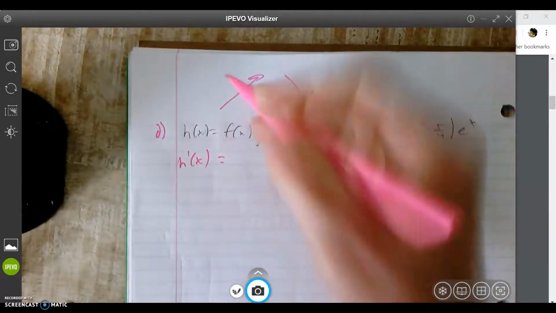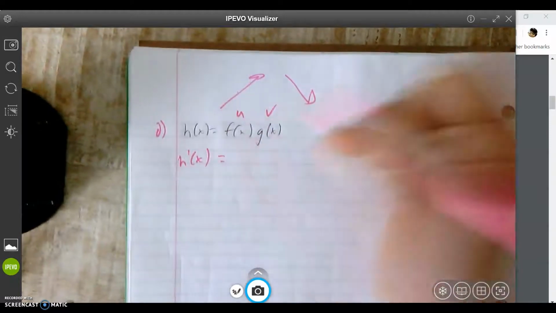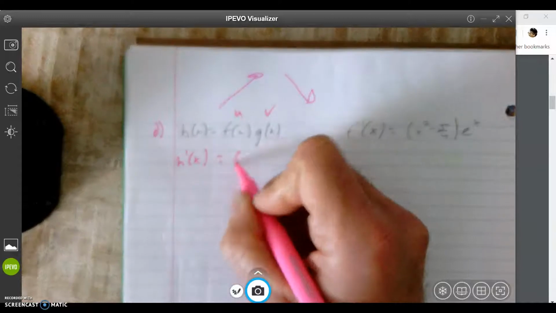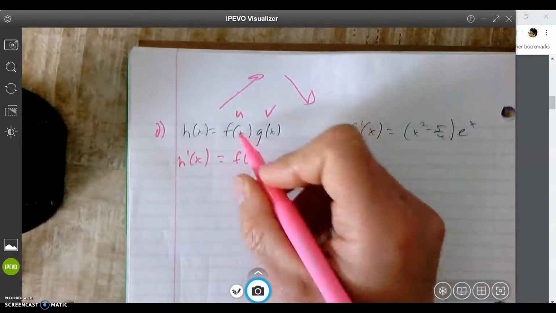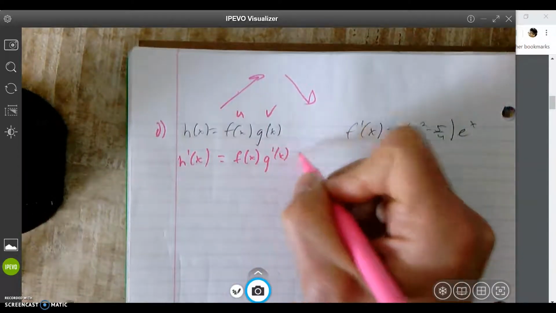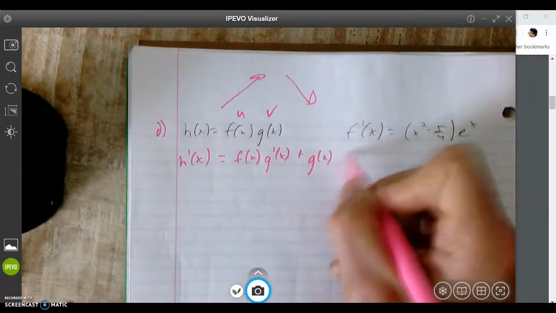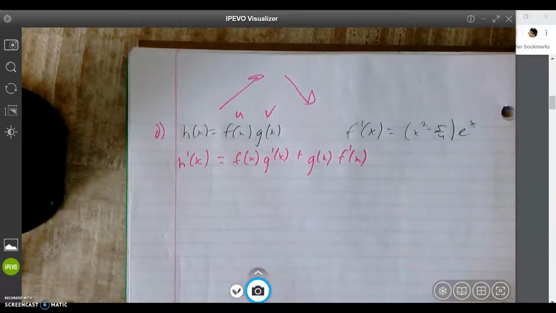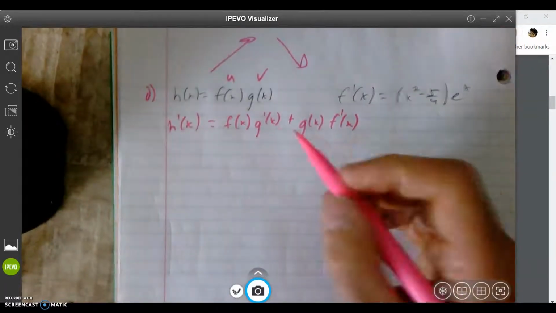I can find the derivative of this and the derivative of this. You're multiplying them together, so you have a product rule. Write down the first, derivative of the second, plus write down the second, derivative of the first. Bam.